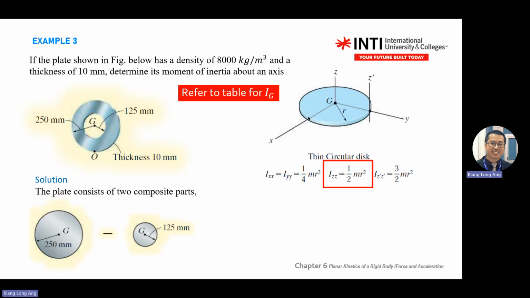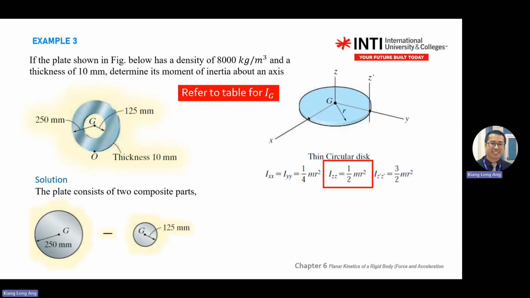I hope you understand. You solve it by looking at where you look at the object. For example, this example 3, how do you do this subtraction? You look from above, right? You look from above and then you subtract the small one from the big one. When you look from above, you're looking at the Z-axis from above.